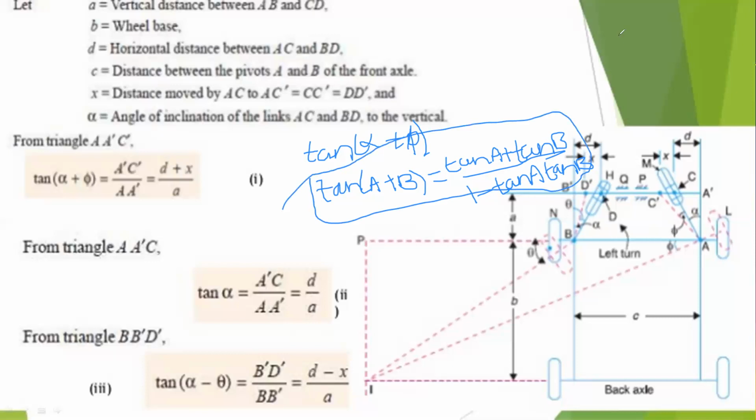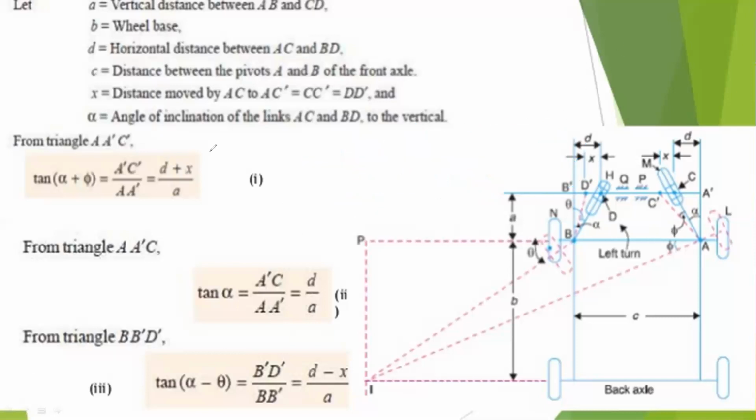So I can write tan alpha plus phi in the form of tan A plus B. Tan alpha plus phi is equal to tan alpha plus tan phi by 1 minus tan alpha tan phi.